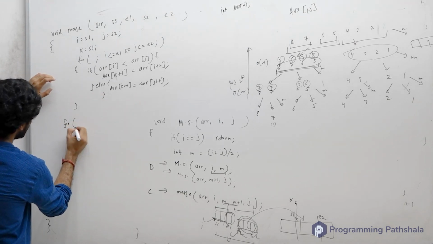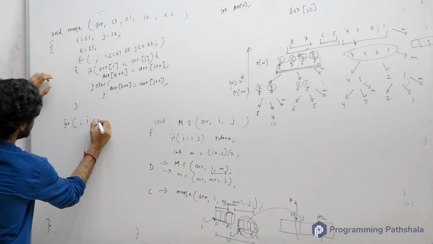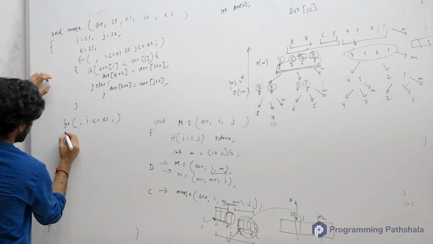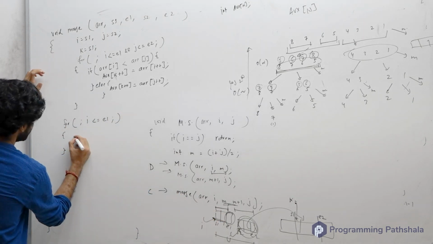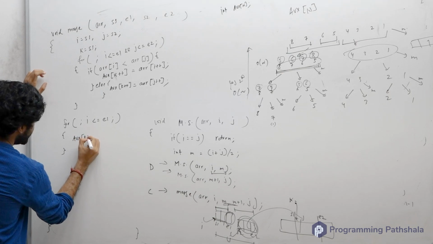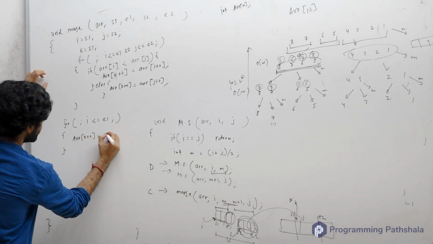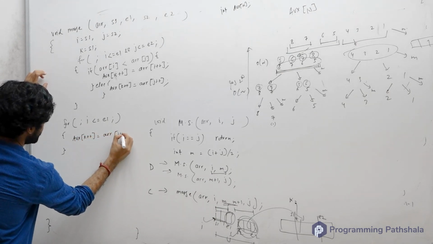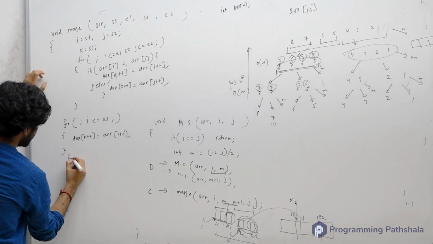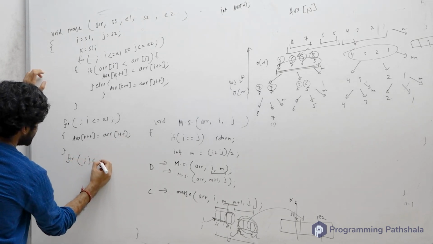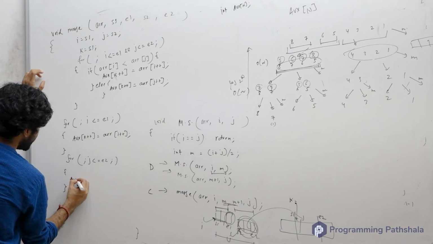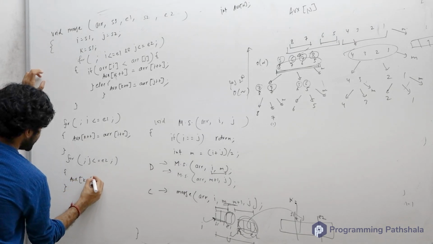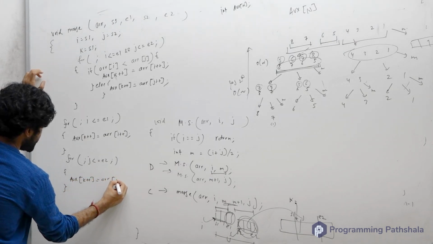So I'll write, for i less than or equal to E1: if at all some elements of the first subarray were left, then they should be given their due positions in the auxiliary array of i++. And the same thing for the other array. If at all the elements of the second array got left, then they should be given their due position in the auxiliary array of j++.